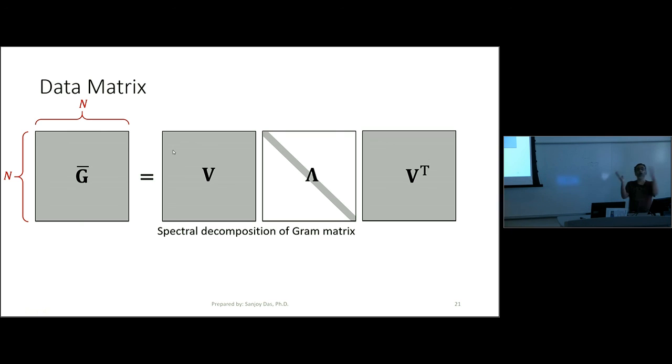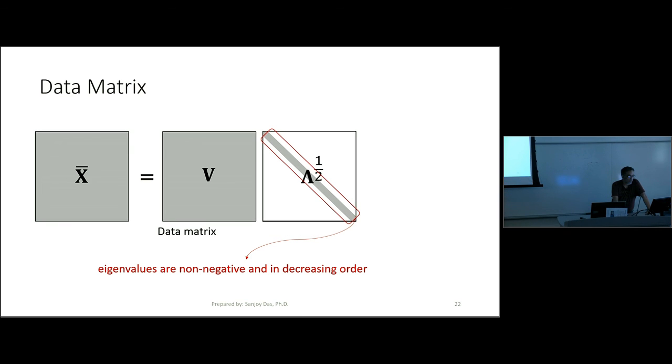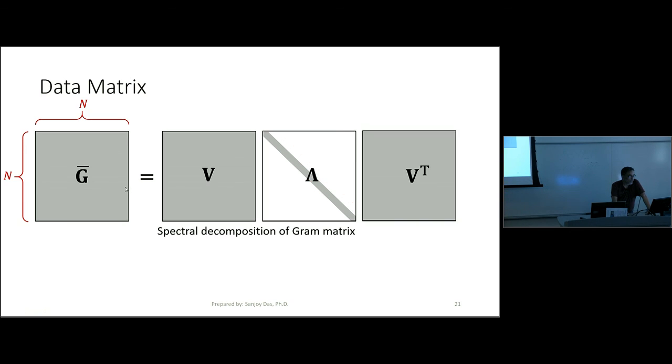And if I want only 2 dimensions, I just take, remember, a low rank approximation. The eigenvalues are non-negative and in decreasing order. And now I take the square root of that, I get X bar.